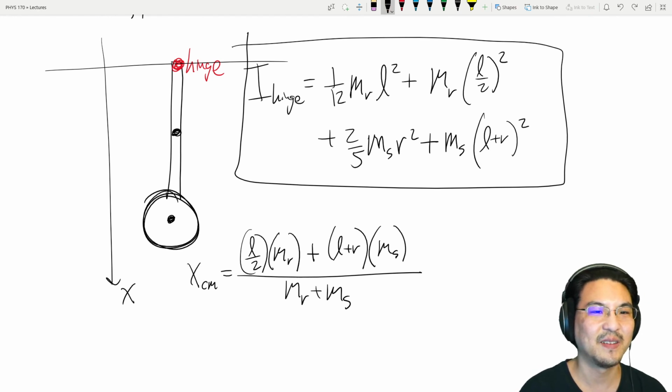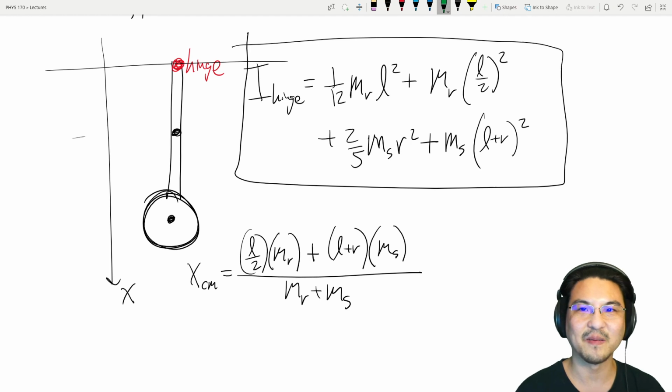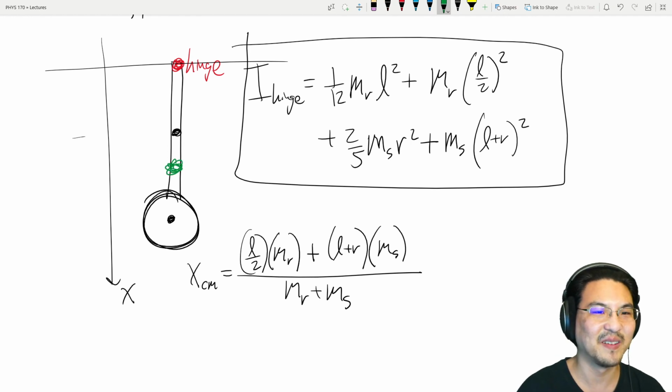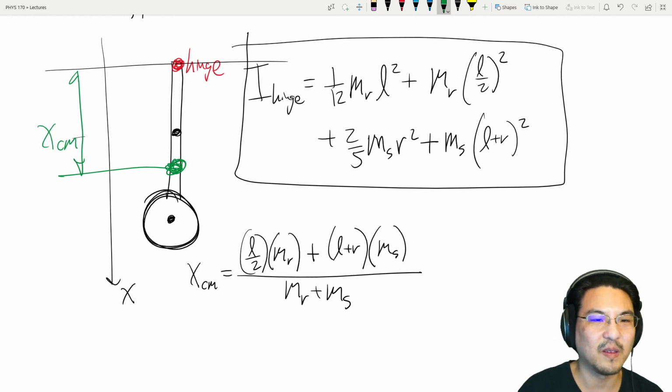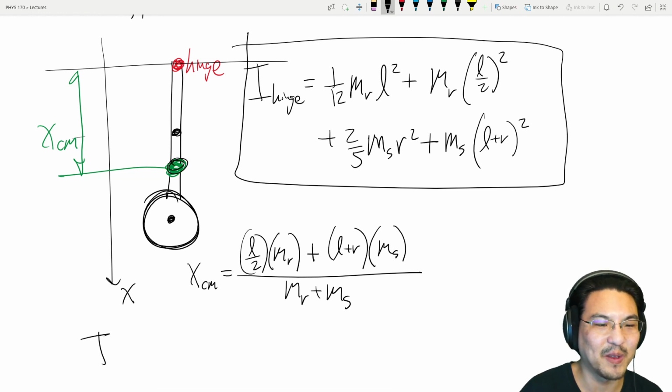Okay, so now we know the location of the center of mass. It's somewhere, let's say, over here. So how do we get the moment of inertia about this point over here, the moment of inertia about the center of mass?